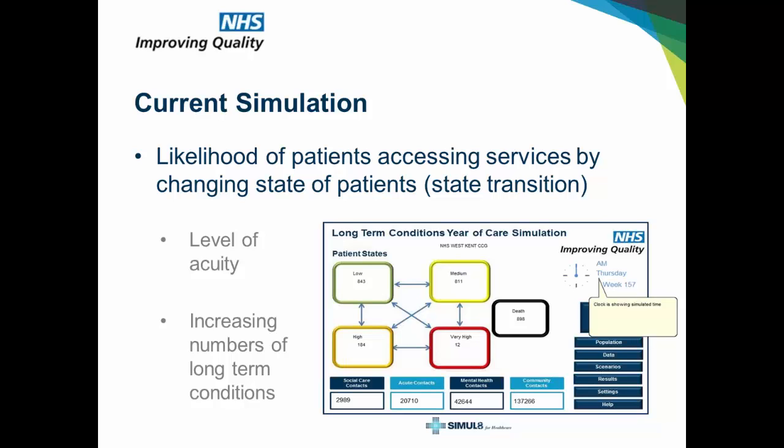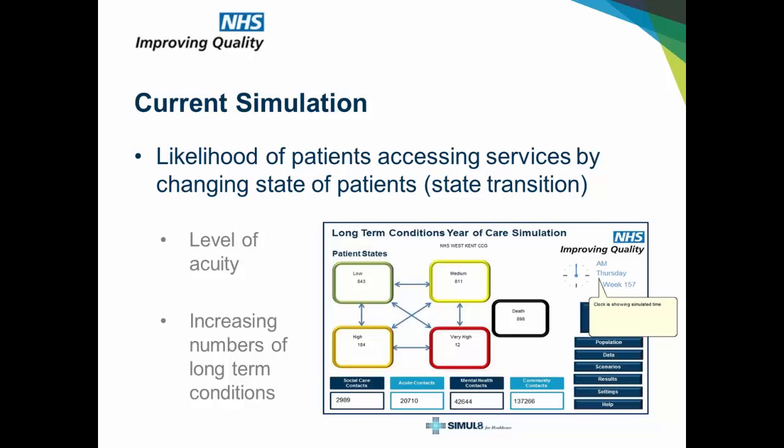So what we're looking at in this simulation is the likelihood of patients accessing services, but we're looking at how they transition through states. So we're expecting that people are identified as being at risk and having a number of long-term conditions, so that they're seen as part of this group which would have the capitated payment.